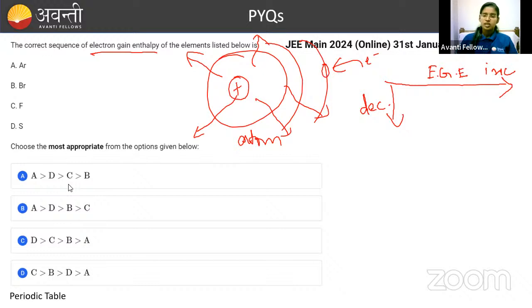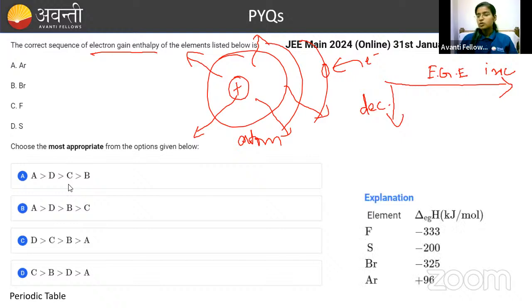Okay, let's check. So here I have given you the electron gain enthalpy values for the four elements. Can you guess the correct answer now? Is it option B or D? Which is having the positive value?